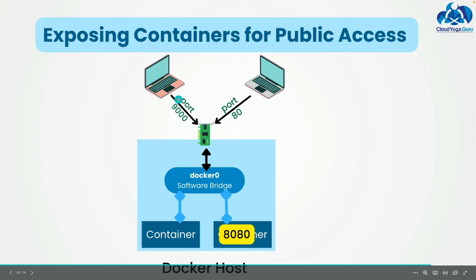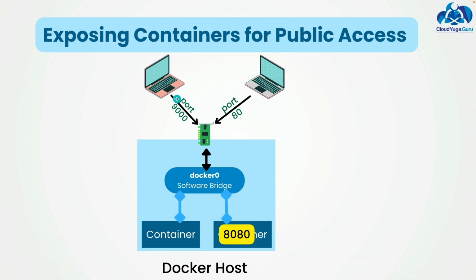Similarly, we can map another port, like in this case port 9000 with the application running on container 1 here. Do remember that you cannot use the same port number on the host to map different containers. One host port can map only to one of the applications running inside the containers we have.